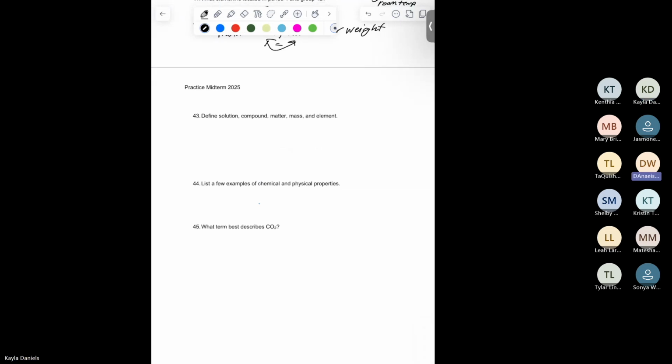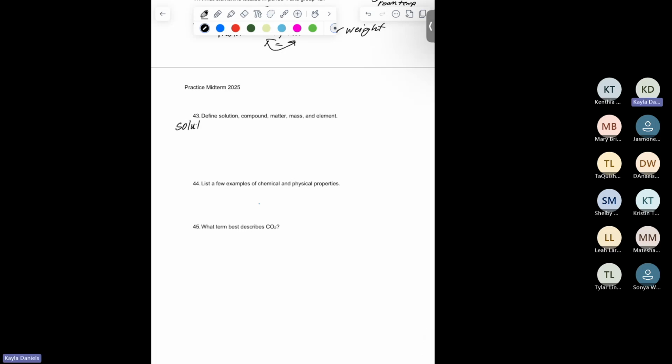How many questions in total for the midterm? 50. So I've basically given us every question. I know it says 45, but remember some of them are duplicates, like naming ionic and covalent compounds. All right, so solution versus compound versus matter versus mass versus element.